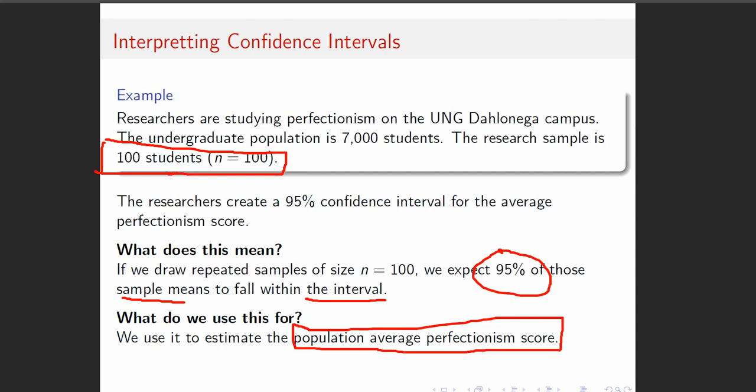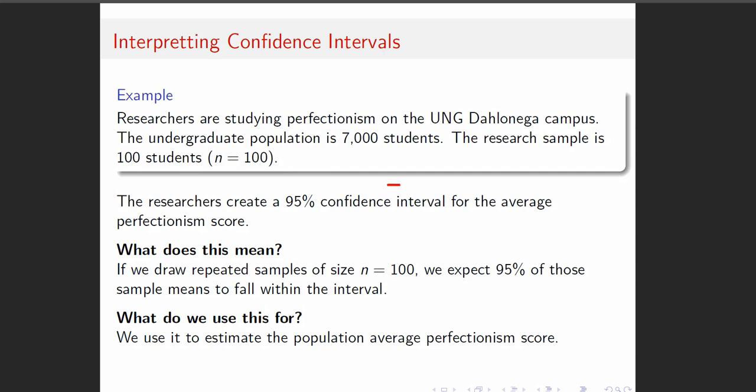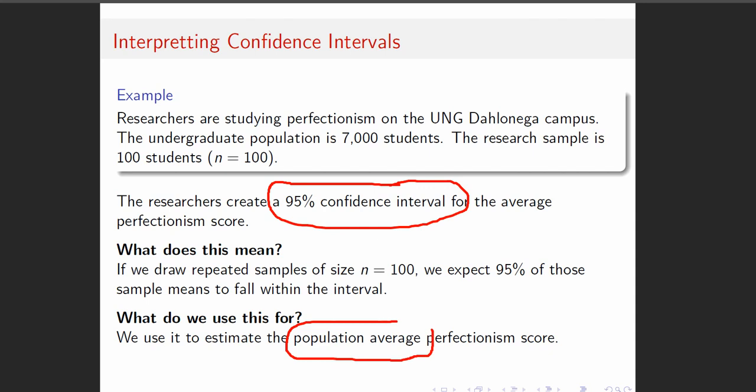Okay, so again, there's a question on homework 8, and the answer is going to be no. That's not what we mean. You can explain this in your own words and get the question right. But it turns out that we do use this process of creating the confidence interval to estimate the population average. This is how it works.